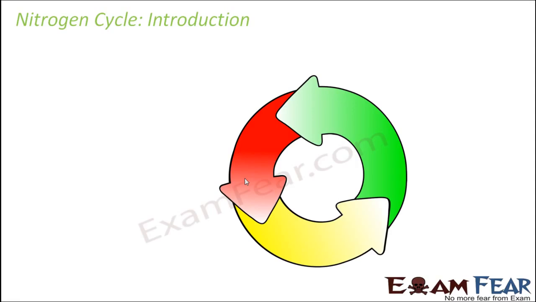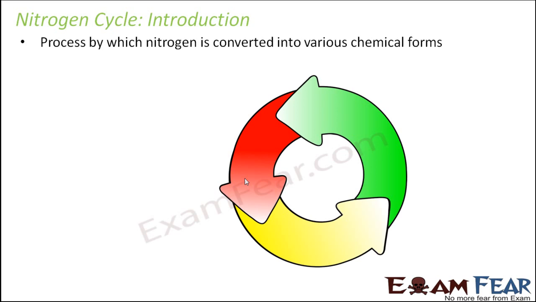But this nitrogen is converted into many different chemical forms, and at the end it again goes back as nitrogen gas to the atmosphere. This entire cycle is known as the nitrogen cycle. The process by which nitrogen is converted into various chemical forms is known as the nitrogen cycle.